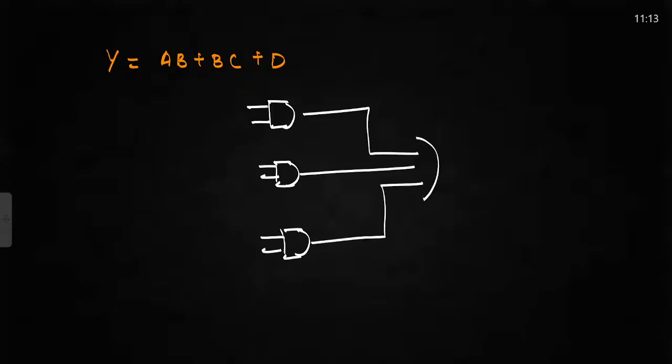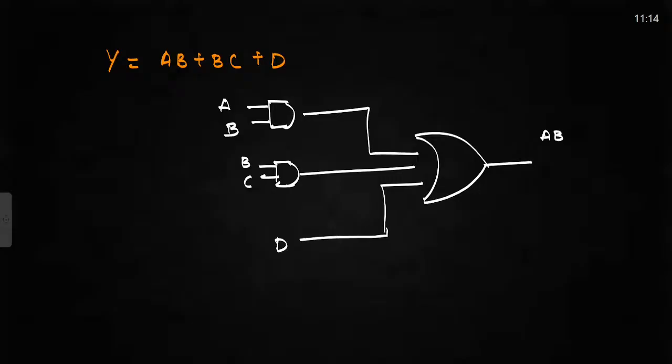And here I am trying to do AND OR gate. AB, BC, or D. So here I will get AB plus BC plus D.